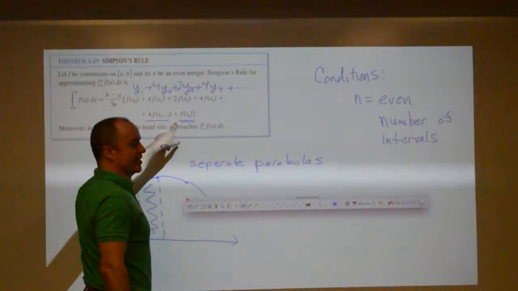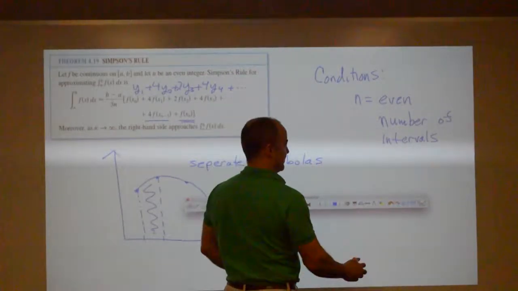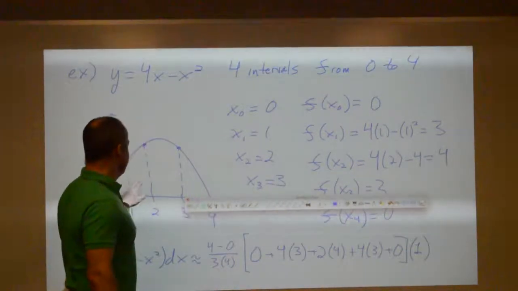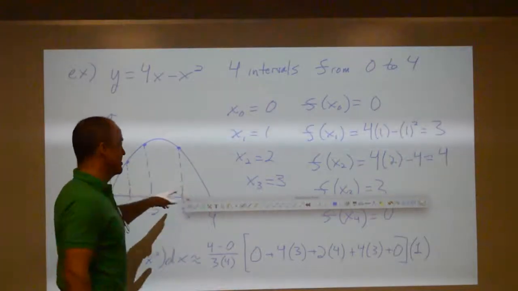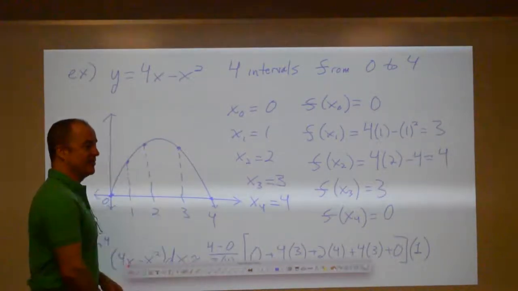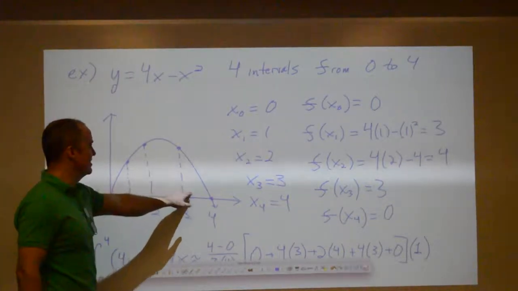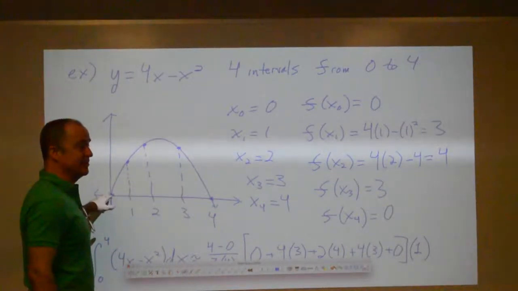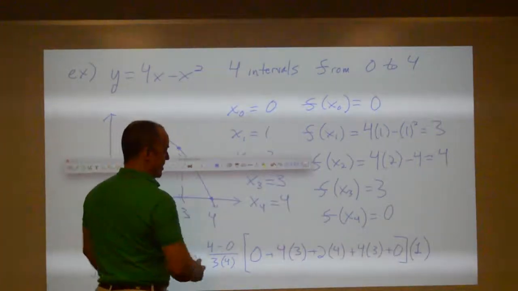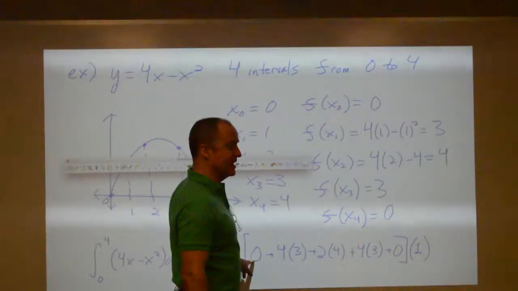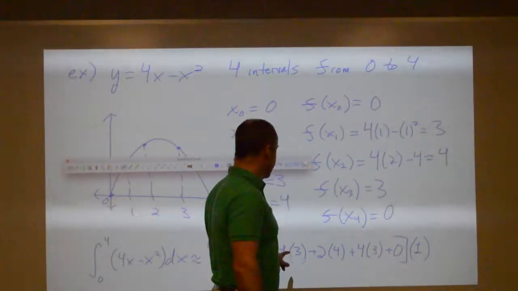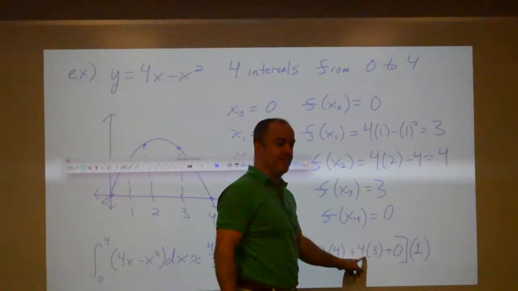Right. So let me see if I can explain this a little better. If you have an even number of intervals, you're always going to have an odd number of y values to deal with. Let's call that the fence post rule. If you have 4 lengths of fence, you need 5 fence posts. So you're going to have a first y value that's not multiplied by anything, a last y value that's not multiplied by anything, and you're going to alternate 4, 2, 4 in between.